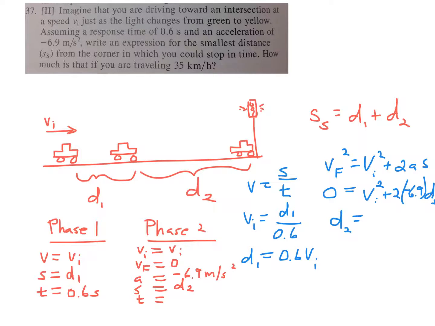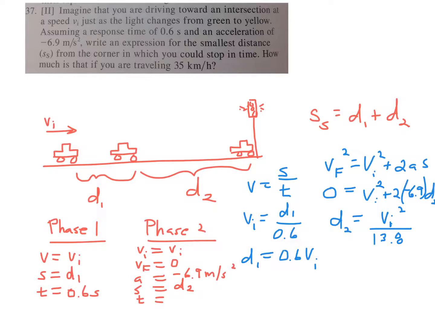To make a long story short, I believe I will have, when all is said and done, v sub I squared divided by 13.8. I haven't put that in decimal form yet, because 2 times 6.9 is 13.8. Yeah, I believe that's correct.